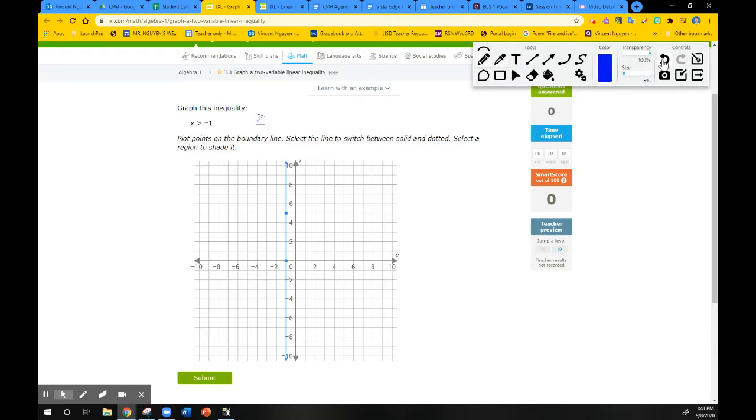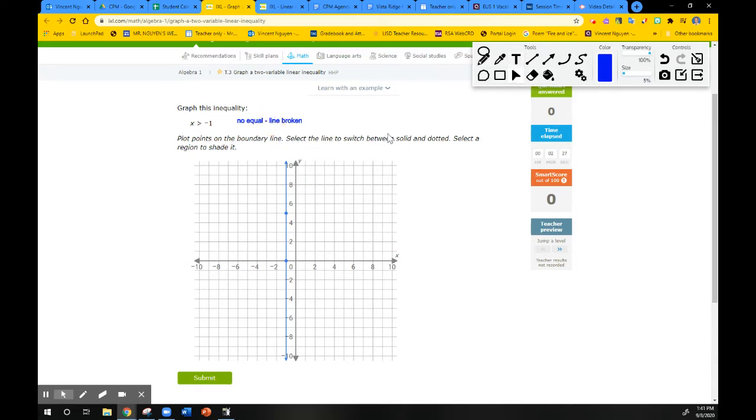So in that case, what it means is, with no equal sign, my line is going to be broken. So it's going to be a broken line.